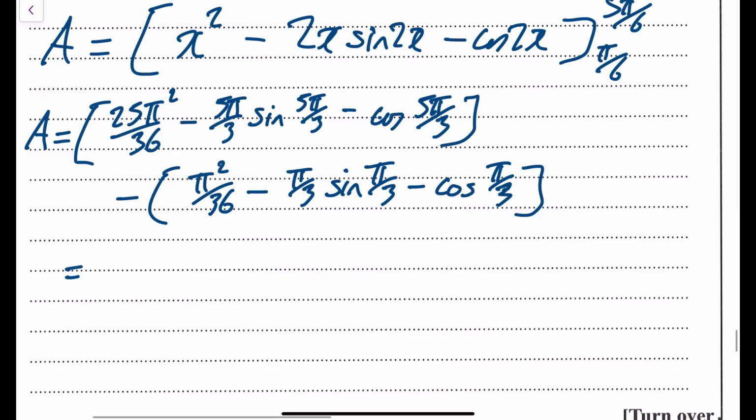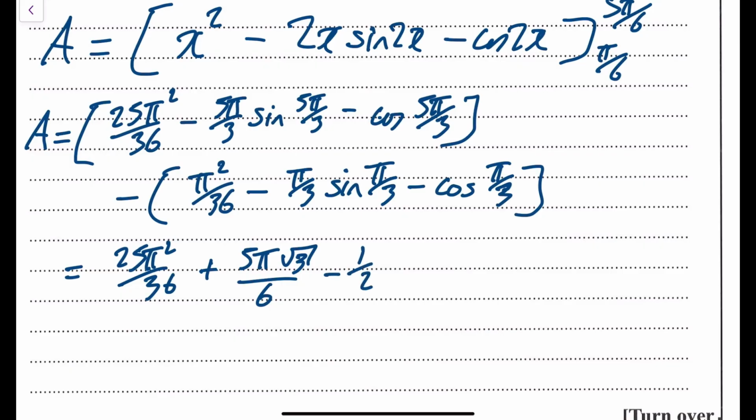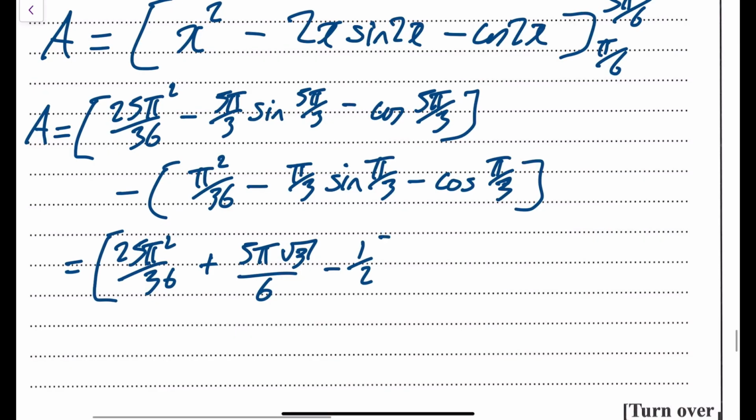So that's 25 pi squared over 36 then, and then that's going to be plus 5 pi root 3 all over 6. And then the next one, you put 5 times pi over 3 into the cos, and you get a half. So that's just going to be minus 1/2. So that's that first square bracket sorted.